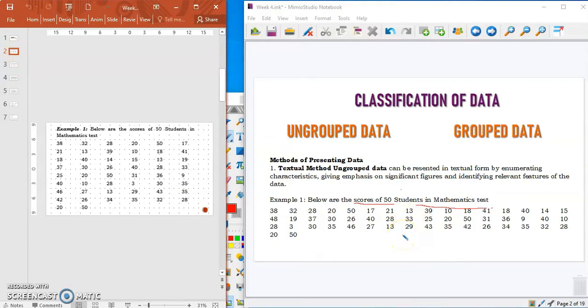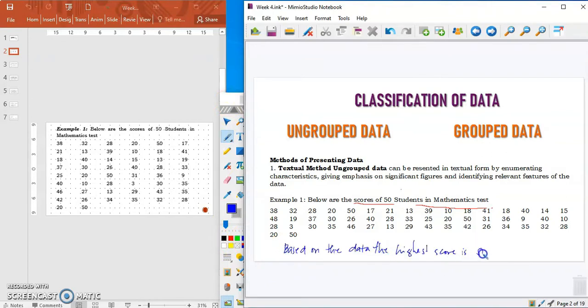It depends. There can be several questions that you will ask your students to answer. So in this case, based on the data, the highest score is 50 while the lowest score is 3. Their difference is 47. We can have those descriptions in textual method.